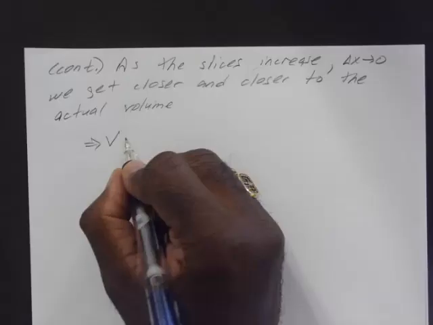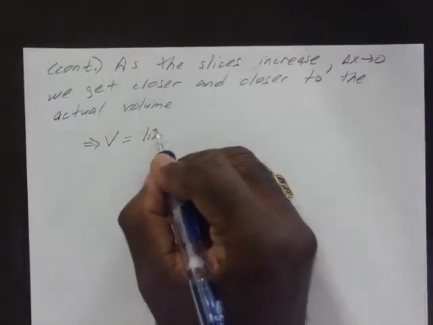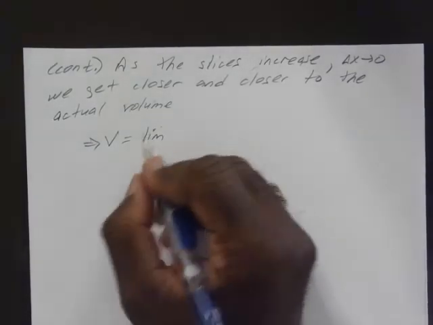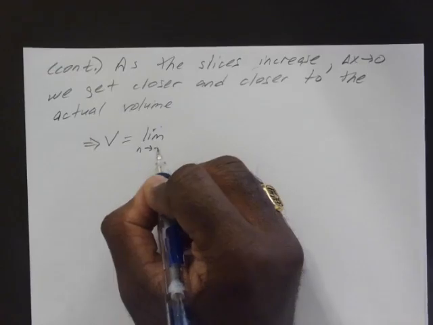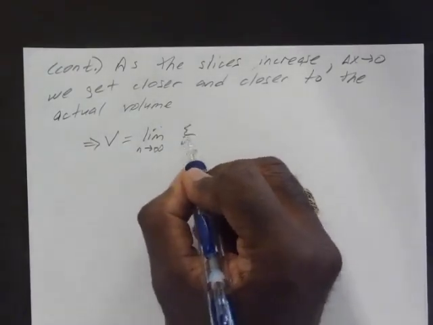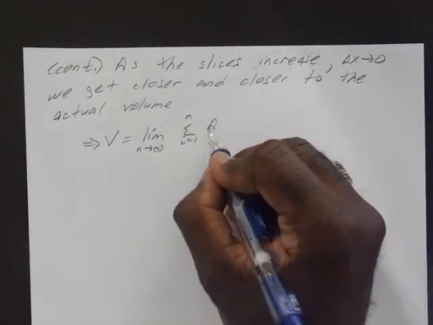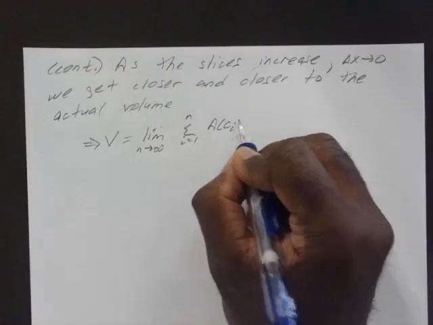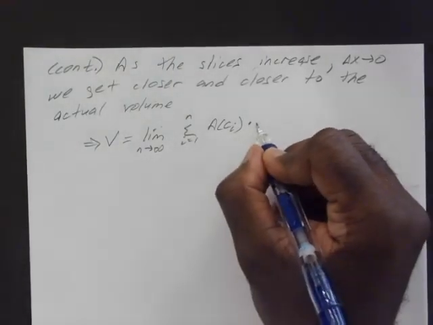That means the volume is equal to the limit as the number of rectangles approaches infinity of the sum from I equals 1 to n of the volume of each individual slice.